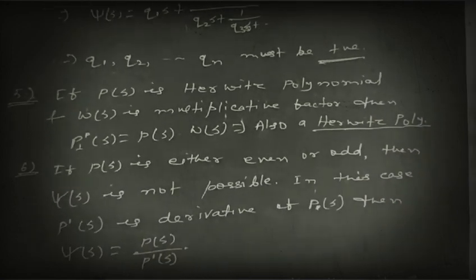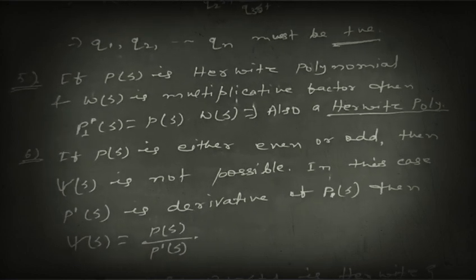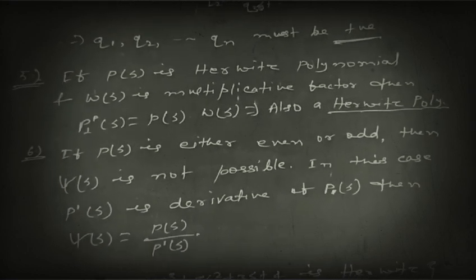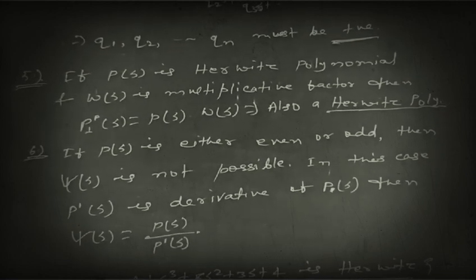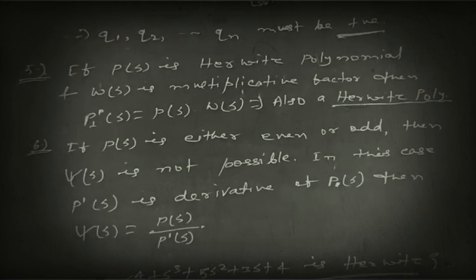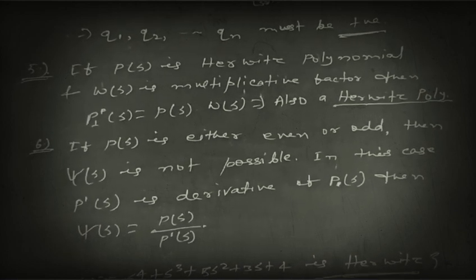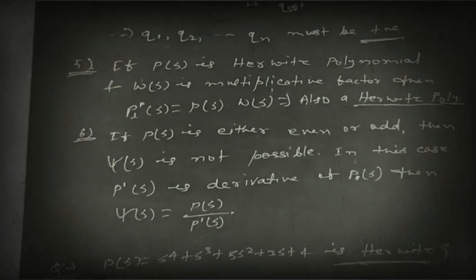Next, property number 6: if P(s) is either even or odd, then ψ(s) is not possible. That means if only even terms are there in polynomial P(s), then it is not possible to write ψ(s) equal to N(s) by M(s), because we have only either the even part or the odd part.